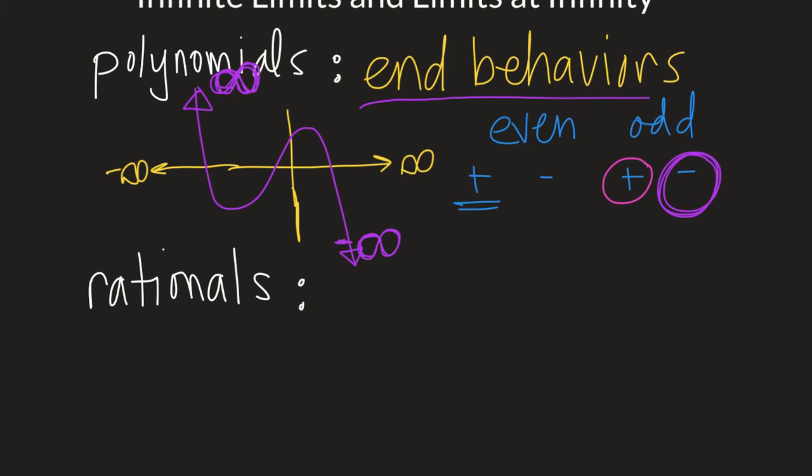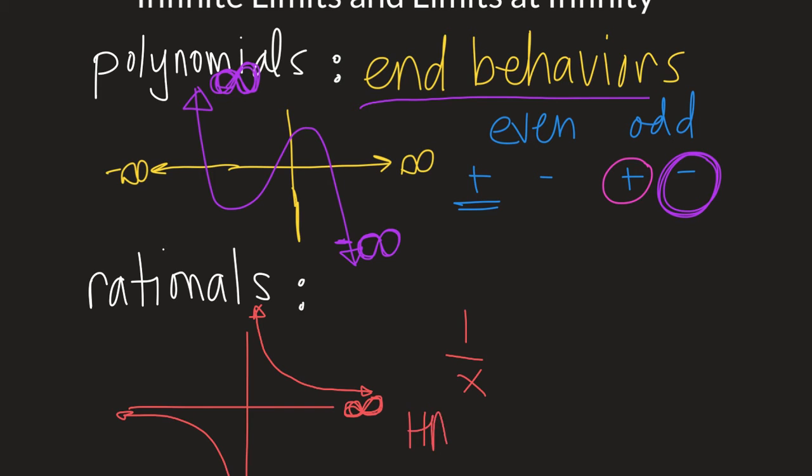Now, how about our rational functions? Your rational functions always have some type of asymptote. Like 1 over x is in the first quadrant and in the third quadrant. That's the graph of 1 over x. As x goes to positive infinity, the y values are going to the horizontal asymptote.